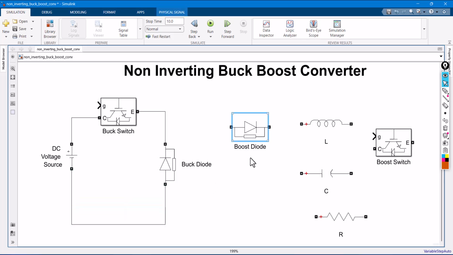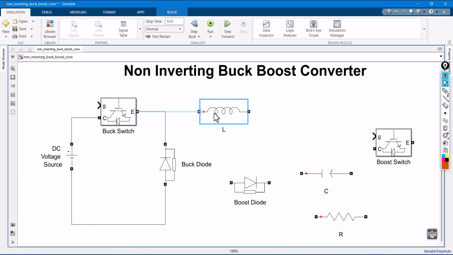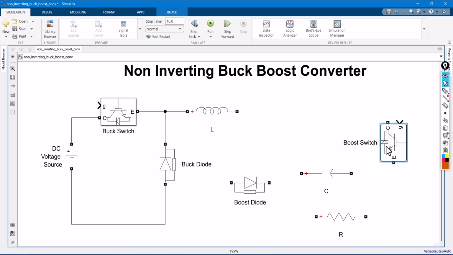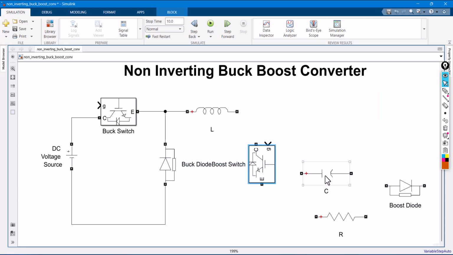And there is an inductor. Similarly, you will be having a boost switch as well as boost diode on the output side.